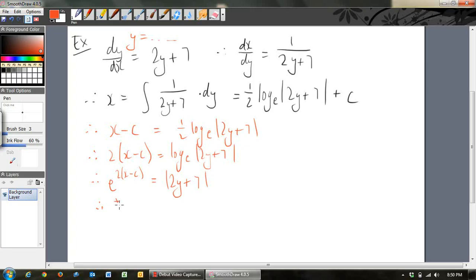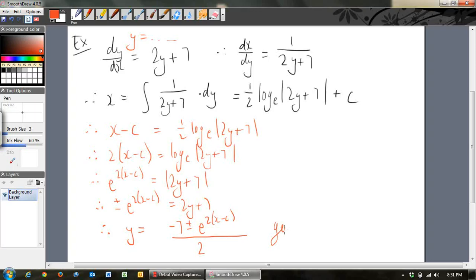So we go plus or minus e to the 2 times x minus c is equal to 2y plus 7. Then I'll solve it now: move the 7 across, subtract 7. So y is equal to minus 7 plus or minus e to the 2 times x minus c, all over 2.